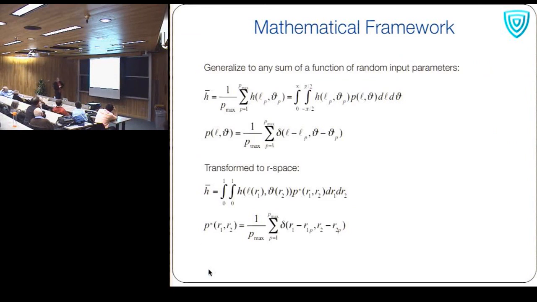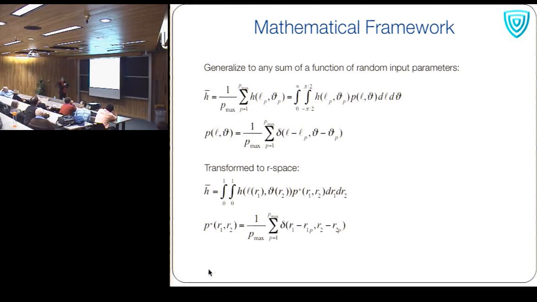So we're back to this function here. Think of this as now being something where we're taking an average. When you take the average, the mean of something, it's the function times the probability density function describing it.